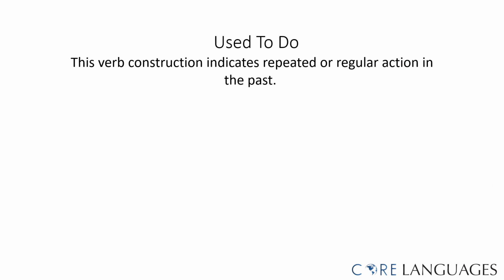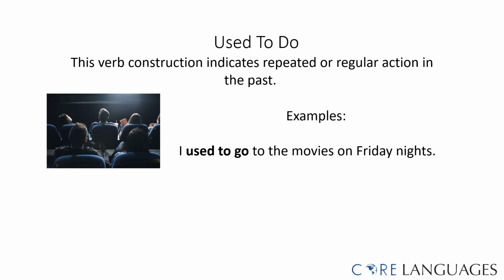The construction used to or used to do is used to indicate a repeated or regular action that took place in the past. For example, I used to go to the movies on Friday nights.